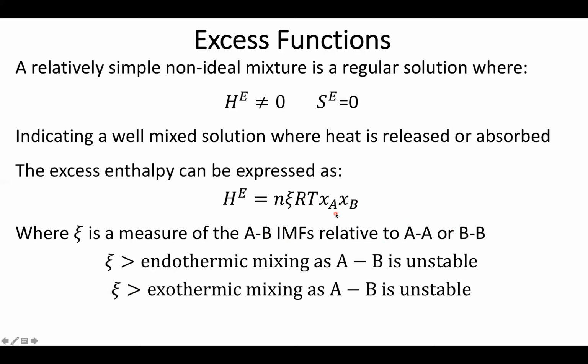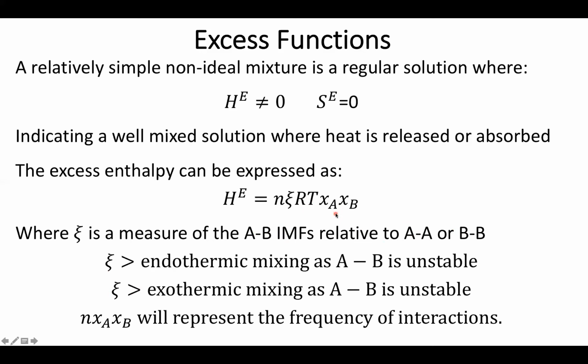And here, what we're also going to show is that essentially n times the two mole fractions is going to represent, to a great extent, the frequency of interactions. So if I have a mole fraction of A of 1 and a B of 0, well, this indicates that I'm not going to have any interactions.